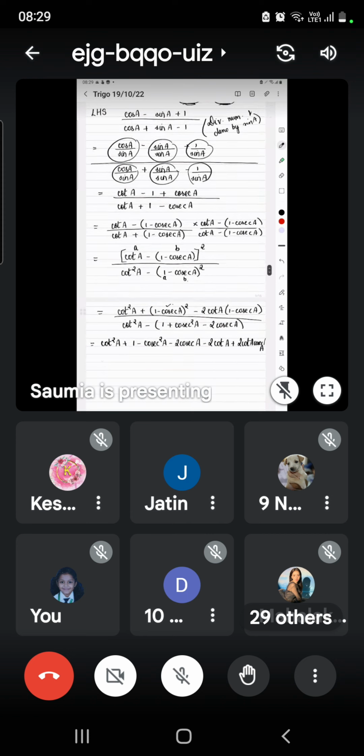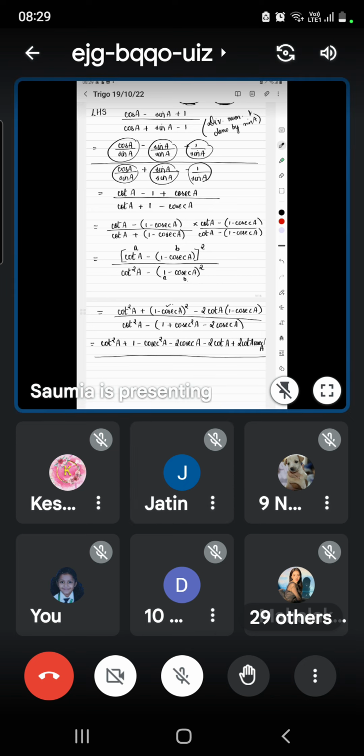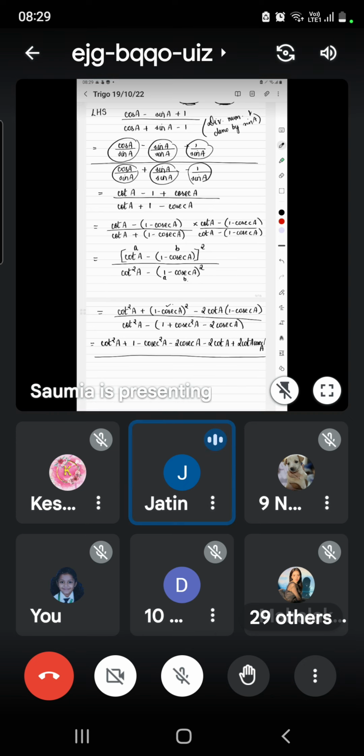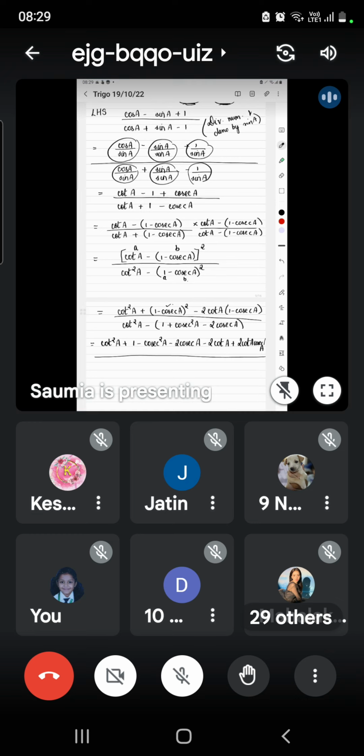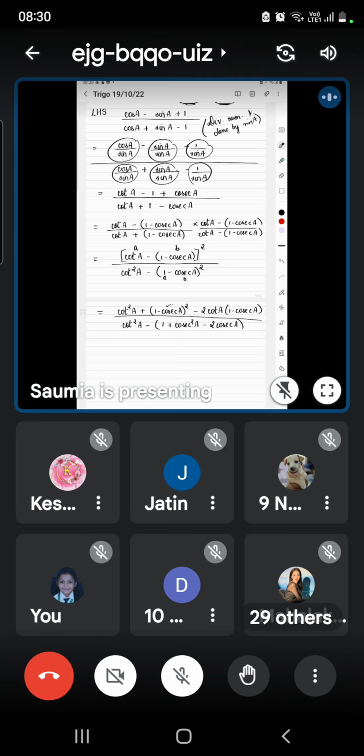Ma'am, it will be 1 plus cosec square A in the numerator here. Acha, yeah. Next step we'll replace, no? That's what you're saying, right? No, ma'am, you have opened it wrongly. A minus b square will be a square plus b square, and you have written a square minus b square. Okay, I'll write it again. Anyways, there was no space.